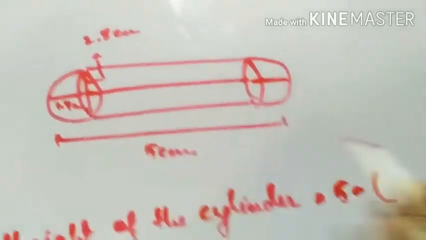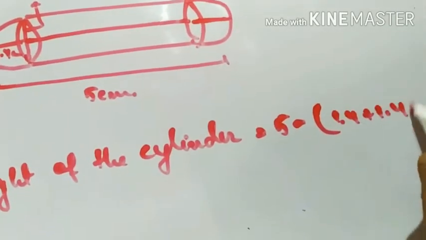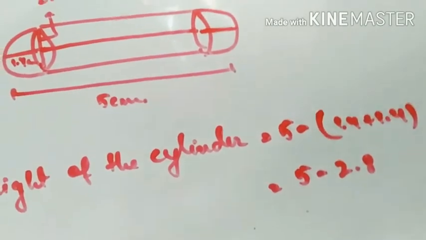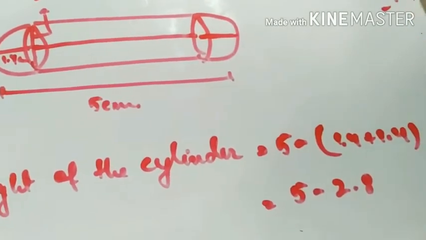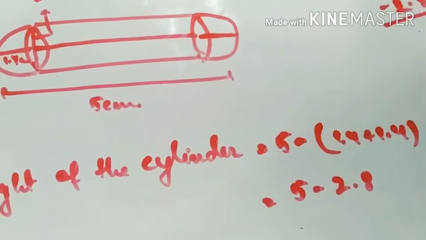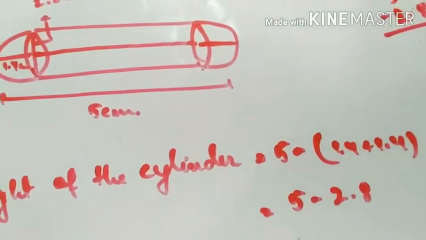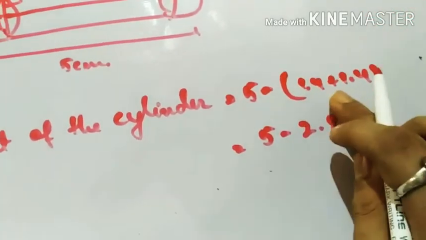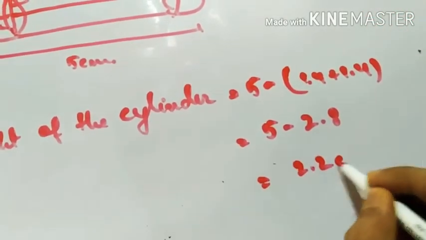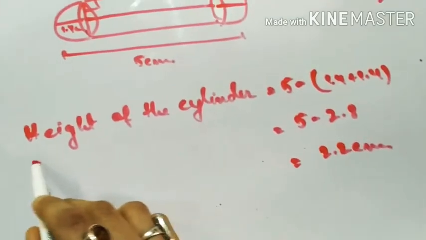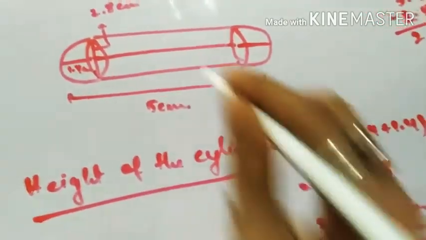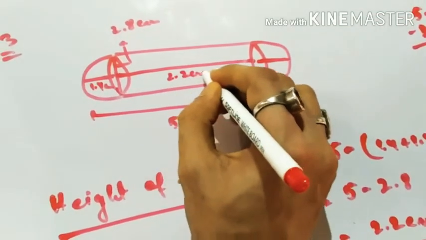It is 5 minus 1.4 plus 1.4, so 5 minus 2.8, I will get 2.2. The height of the cylinder is equals to 2.2 centimeter.